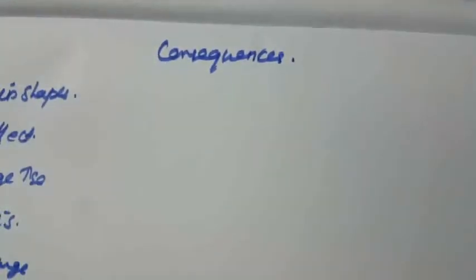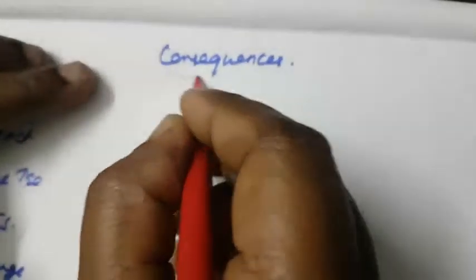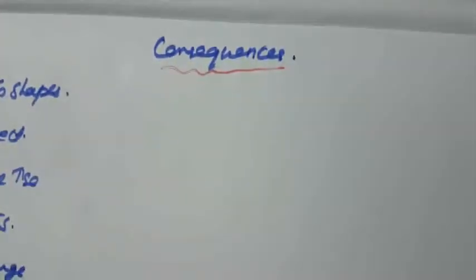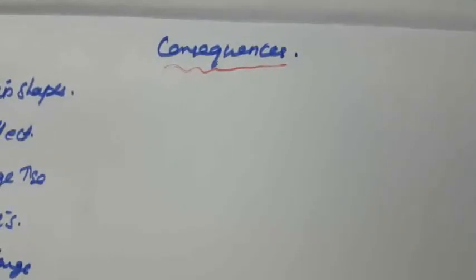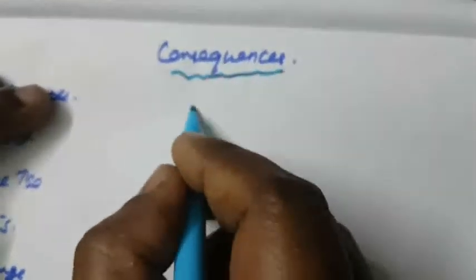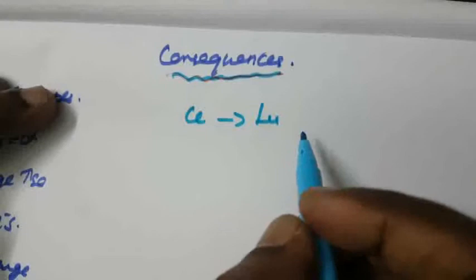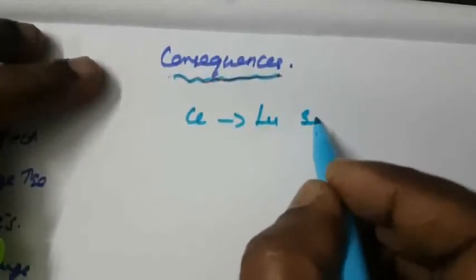Then the consequences of lanthanide contraction. What are the consequences? First, from cerium to lutetium, the atomic size decreases.